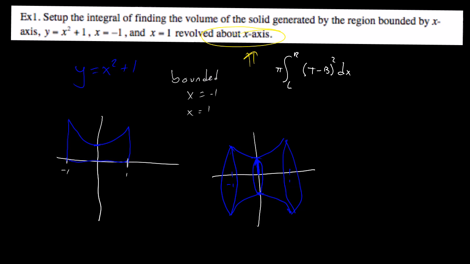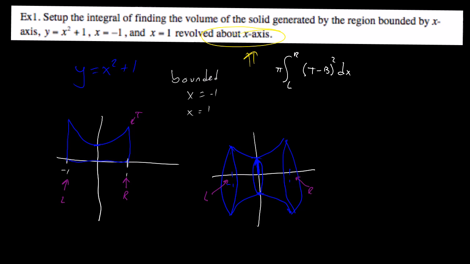So if we start plugging in our numbers here, our leftmost point is going to be over here, and our rightmost point is right here. And we need our top function, so that's going to be this curve right up here.